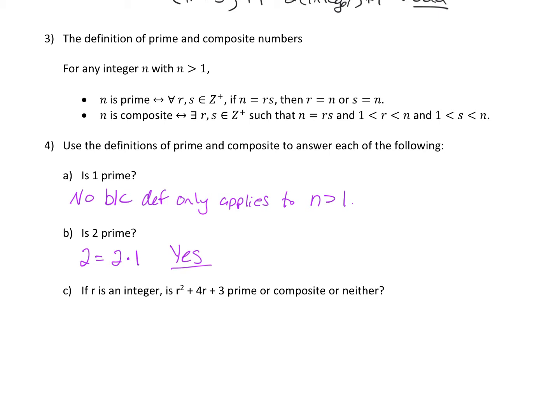Now, if r is an integer, is r squared plus 4r plus 3 prime, or composite, or neither? So r squared plus 4r plus 3 can factor to r plus 1 and r plus 3.